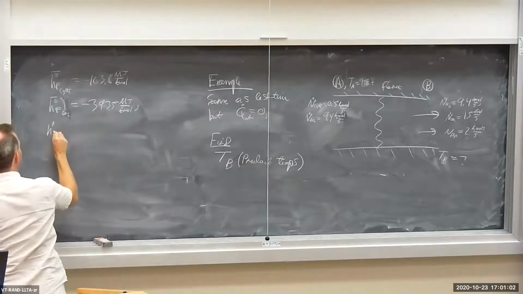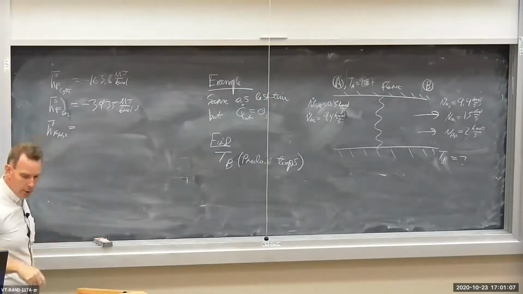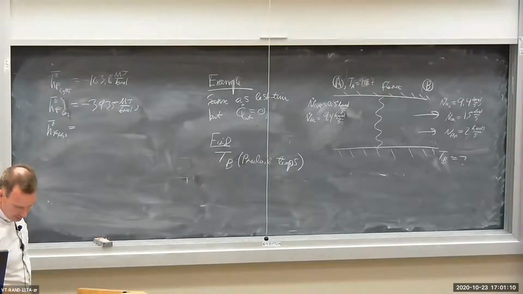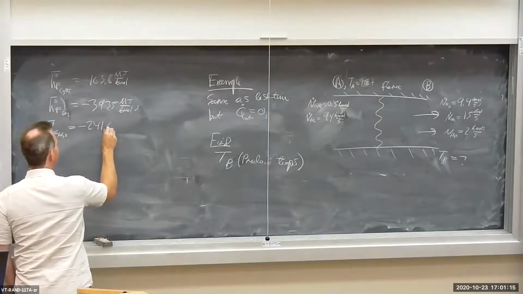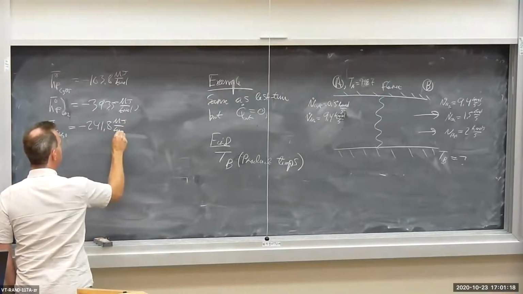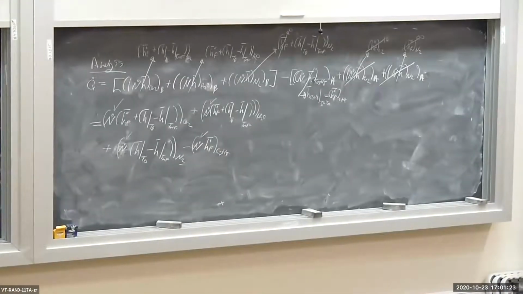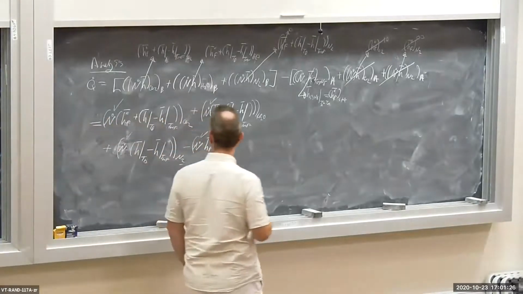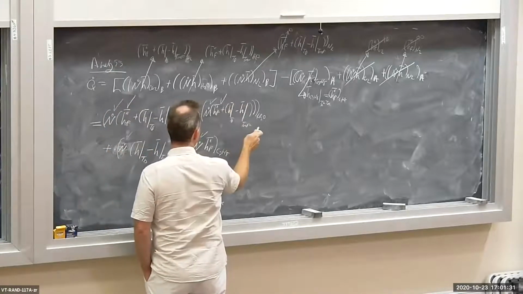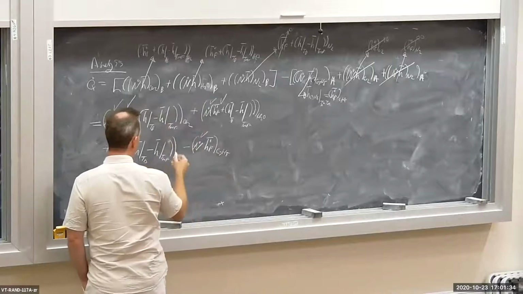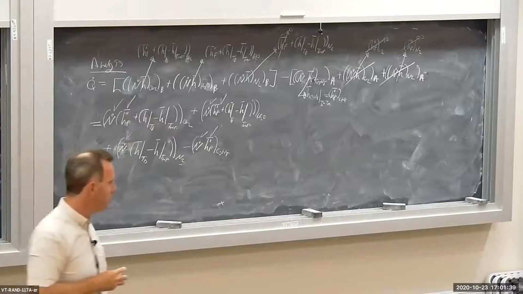And the enthalpy of formation for H2O is negative 241.8 megajoules per kilomole. Okay, so I looked those up all out of the table. So I got these enthalpies of formation now. H naught sub F for the CO2, H naught sub F for the H2O, and H naught sub F for the propane. Okay, so I got those now.